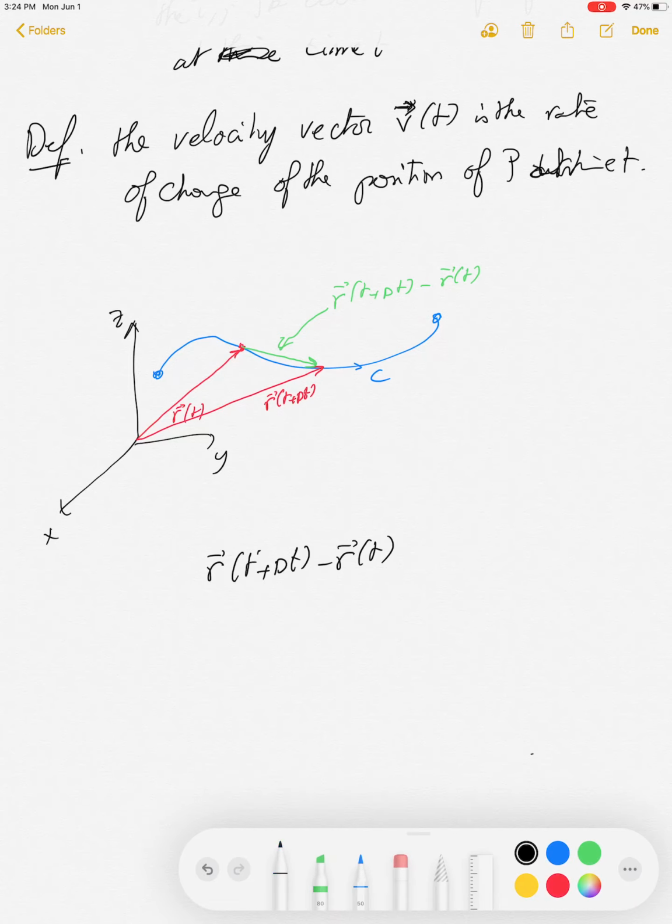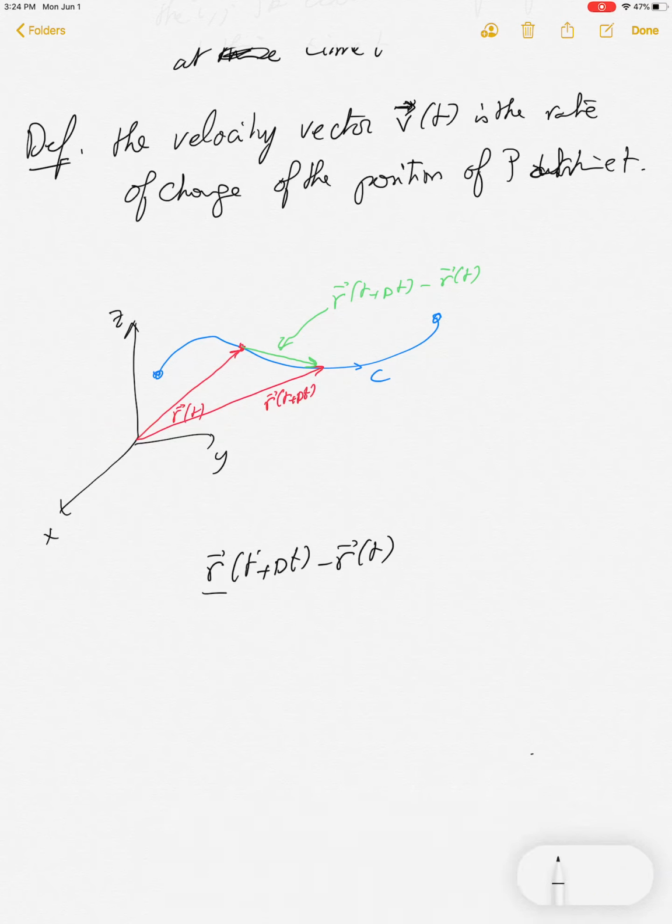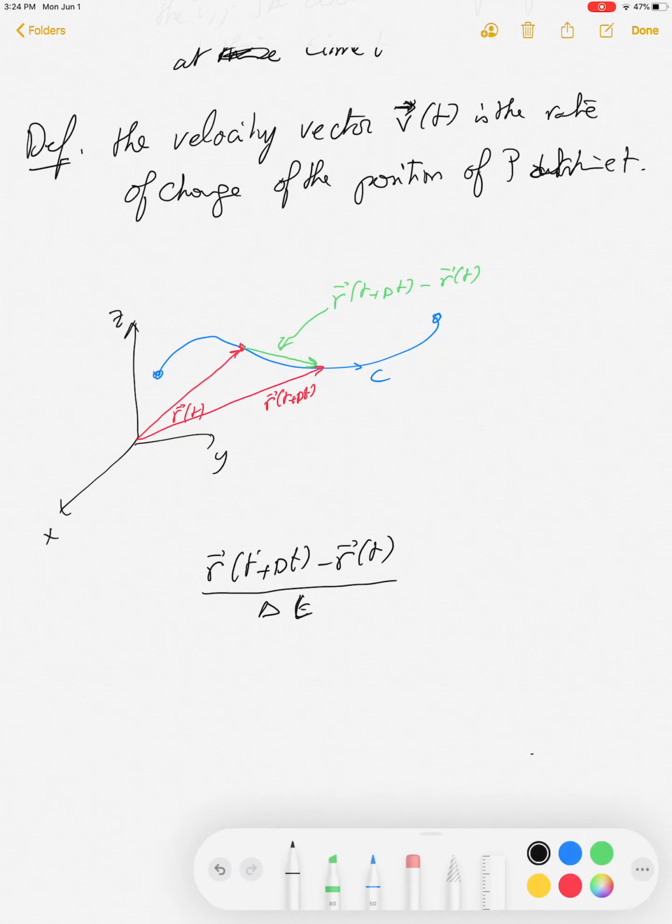Now this is the rate. I want the rate of change, so I want to divide by the time traveled. So this is the definition of velocity between the time t and the time t plus delta t. How do I find the velocity at time t? I make delta t smaller.